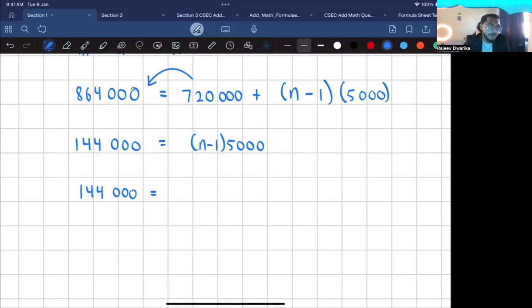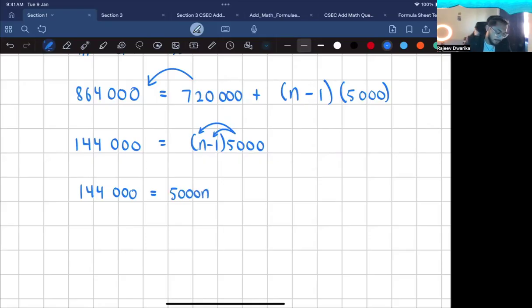And that'll be equal to what? So we have n minus 1 times 5,000. This 5,000 on the outside would multiply by all of the terms on the inside. So 5,000 by n is 5,000 n, right?